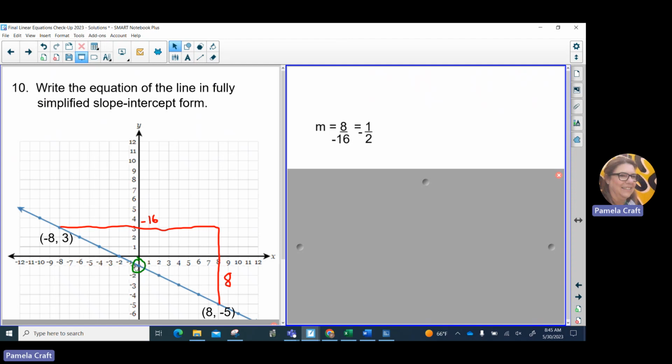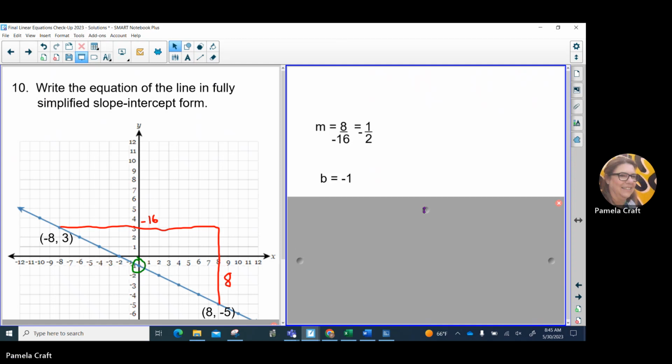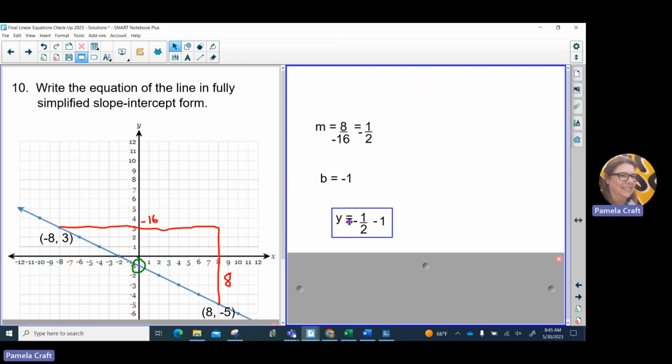My y-intercept is right down here where it crosses the y-axis at negative 1. So my b is negative 1. Therefore, my equation is y equals negative 1/2 x. My goodness. Did this way too fast. I forgot my x. Minus 1.